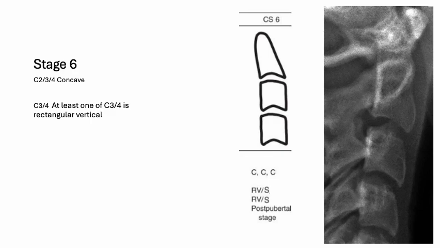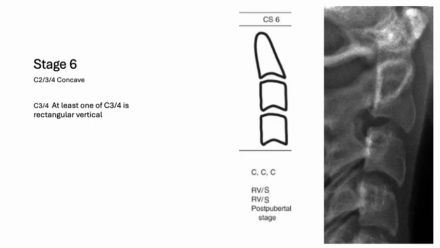Stage 6 is also going to have the inferior border of 2, 3, and 4 being concave, and at least one of C3 or C4 has to be rectangular vertical. And I found that the dividing line between stage 5 and stage 6 was really challenging to determine in a lot of cases, and you had to very closely measure the anterior posterior borders and compare those to the inferior borders to really determine it.